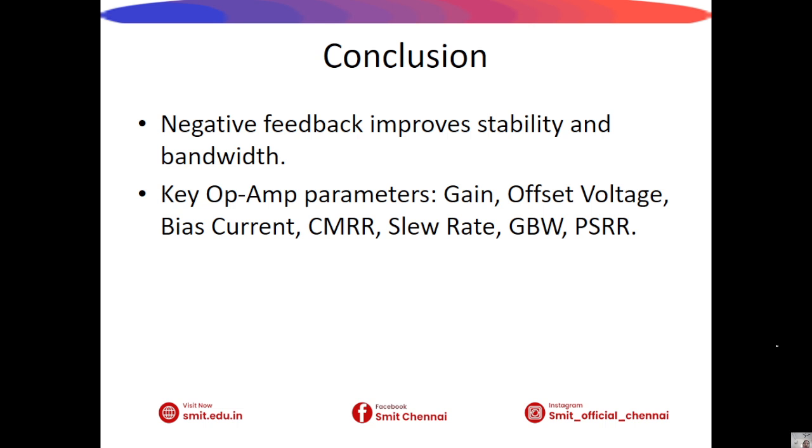Finally, we reviewed important operational amplifier performance parameters such as open loop gain, input offset voltage, input bias current, CMRR, slew rate, gain bandwidth product, and PSRR. These concepts are fundamental for analyzing and designing reliable analog electronic circuits.